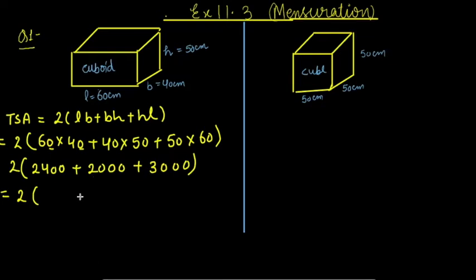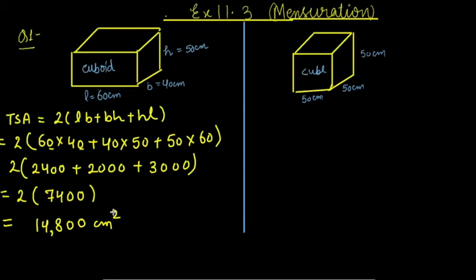How much is it going to be? Here you have 4. So this will give you 3 plus 2, 5. 5 plus 2, 7. So 7400. Now multiply it. 2 into 0 is 0, 2 into 0 is 0, 2 4s are 8 and 2 7s are 14. So you are getting 14,800 centimeter square to build a cuboid box.